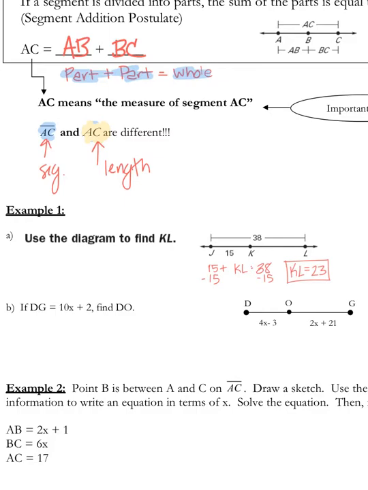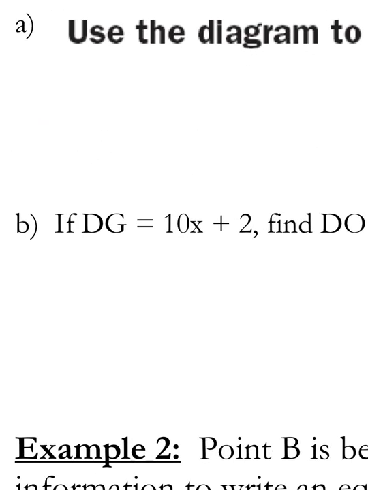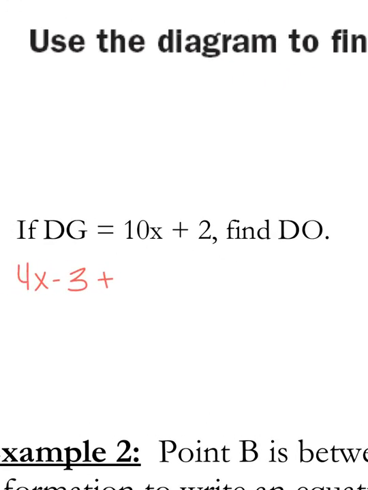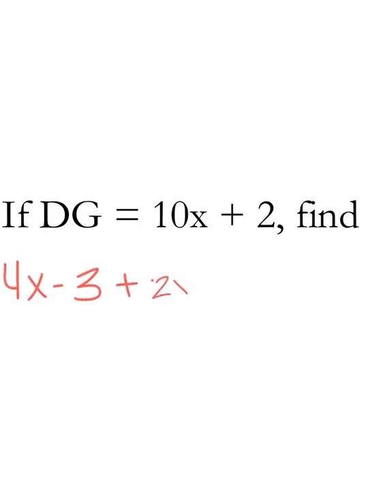Our next one is not as easy because it has some x values, and you have to find x. So it says DG, so this whole thing is 10x plus 2. So we are going to do the same process, part plus part equals the whole. So 4x minus 3 is one part. 4x minus 3. And then our other part is 2x plus 21. And then your whole is 10x plus 2.